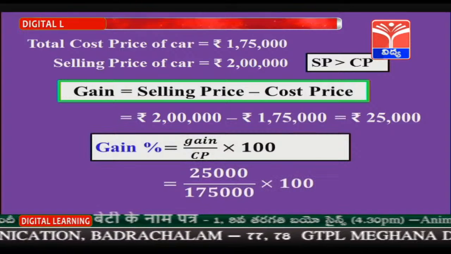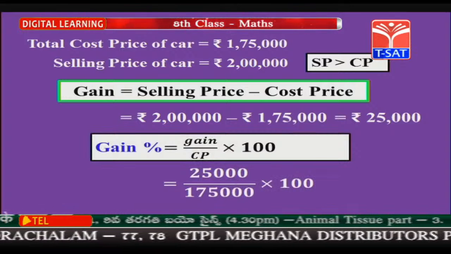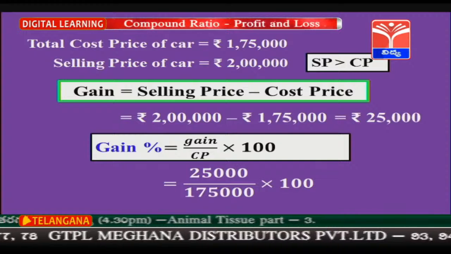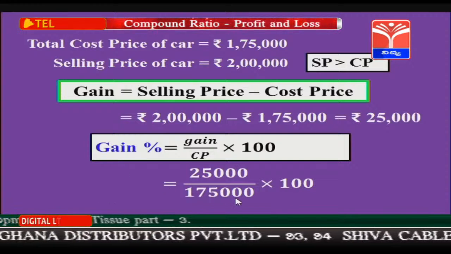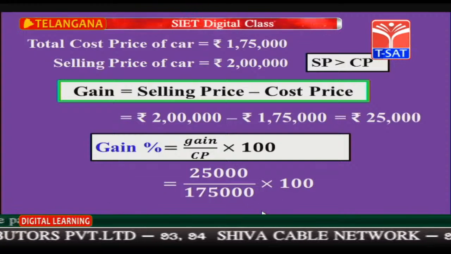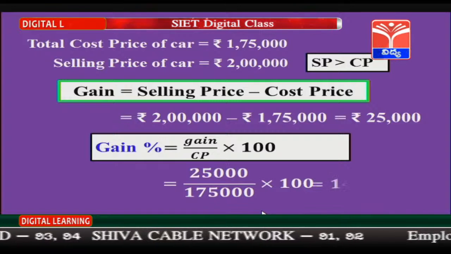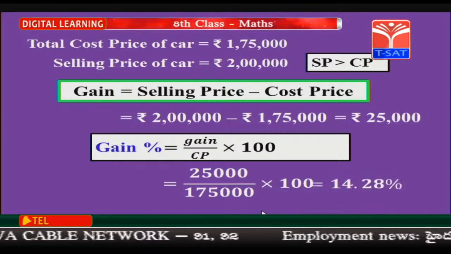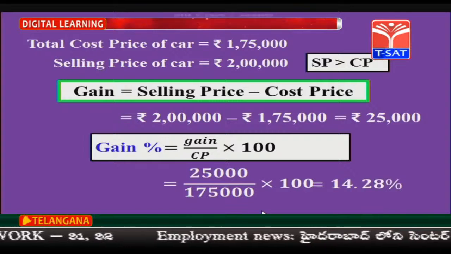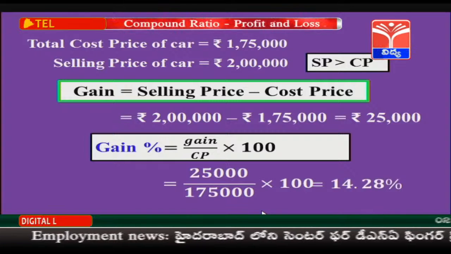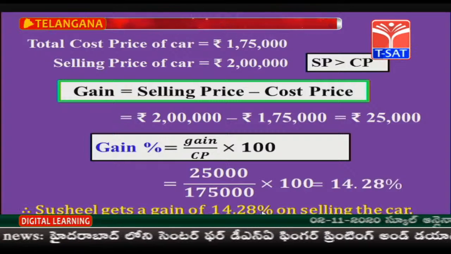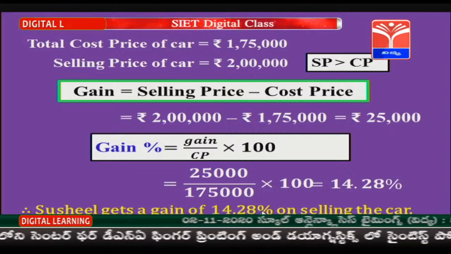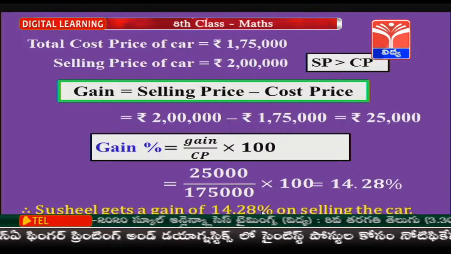Now, let us substitute the values of gain and CP, that is 25,000 divided by 1,75,000 into 100. On simplifying this, we get 14.28 percent nearly, which means that Sushil gets a gain of 14.28 percent on selling the car.